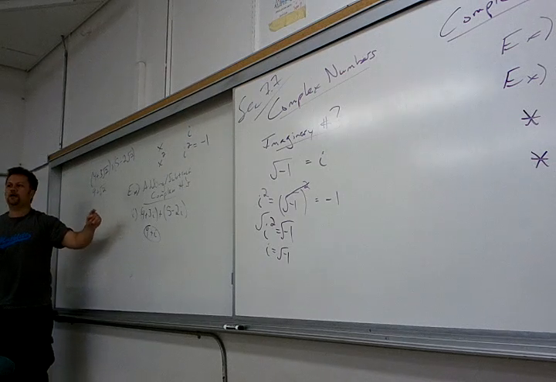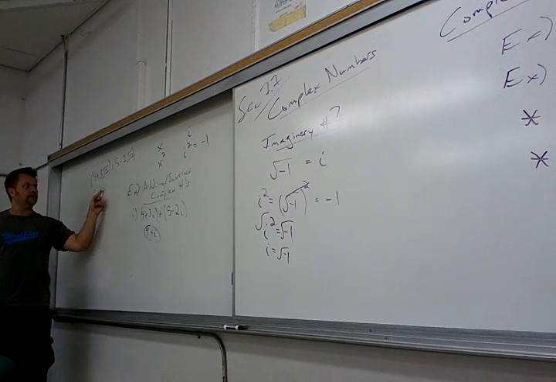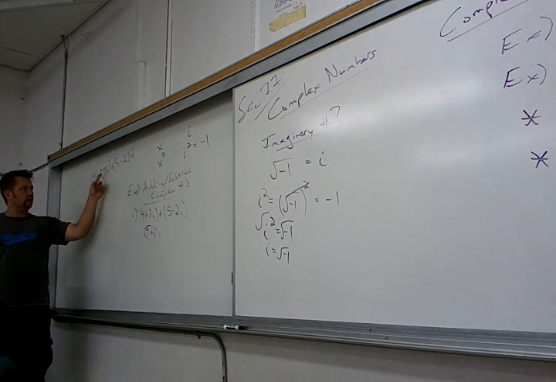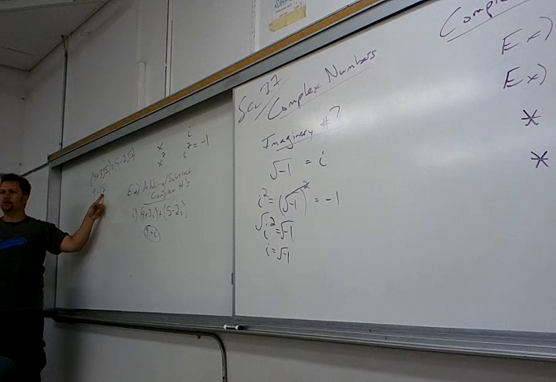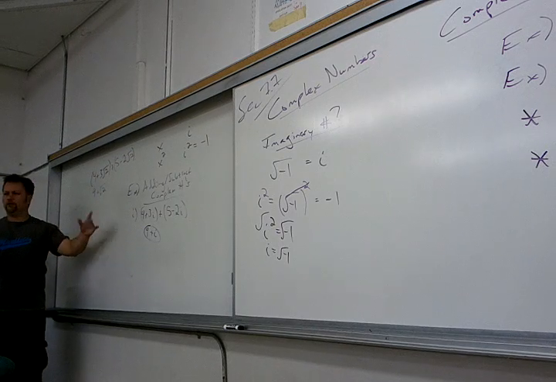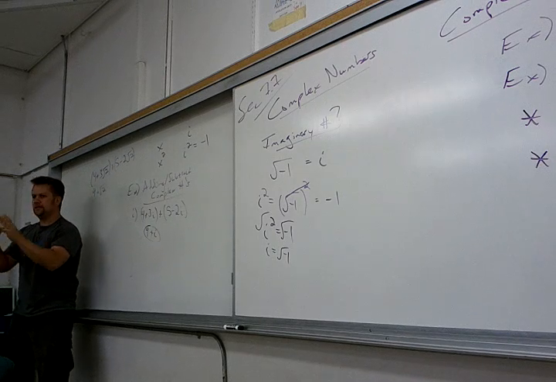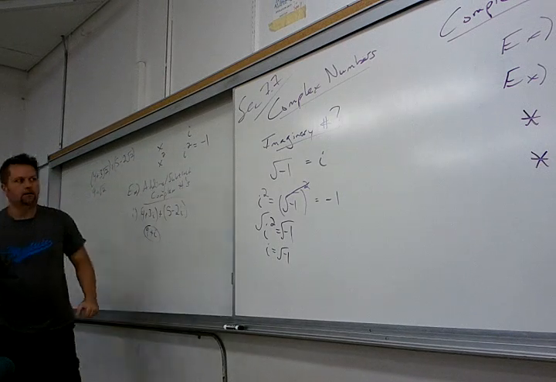I'm trying to show you that i's act a lot like stuff we've seen before. In fact, i is a radical, isn't it? It's the square root of -1, so it's going to act exactly like other radicals would. I just don't want to have to write square root of -1 all the time, so I decided to make it i. It just makes it easier to keep track of.